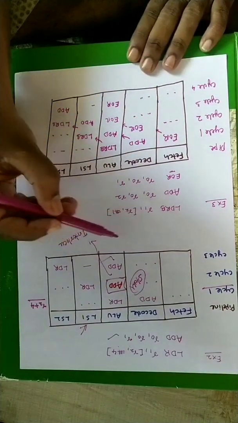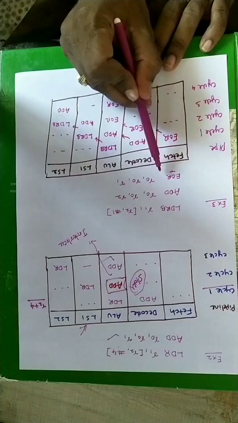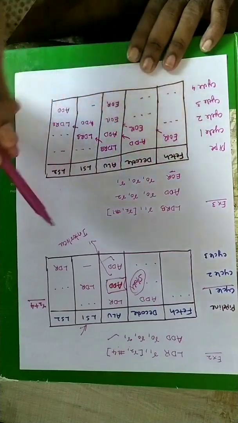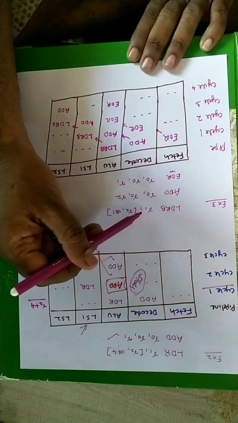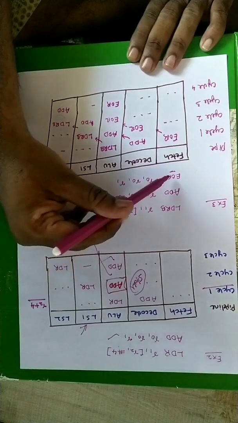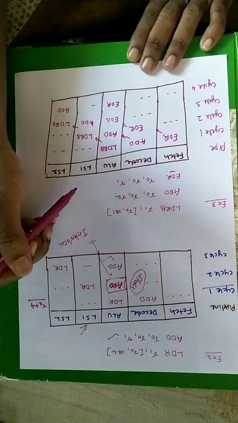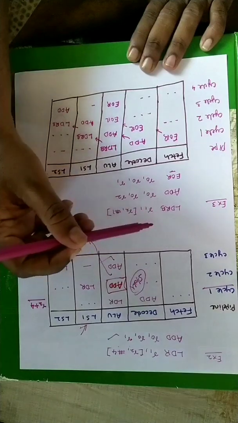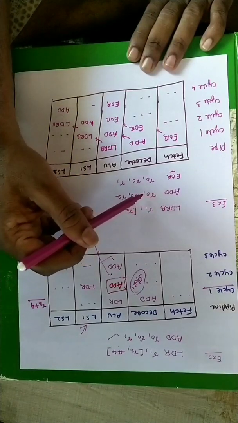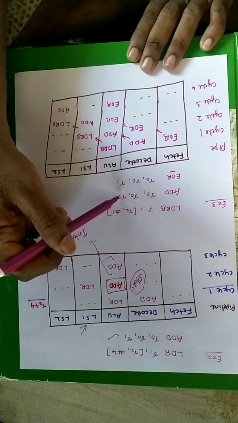This R1 register will be used in the EOR instruction. R1 is required. Until R1 is loaded with the value, the EOR will not execute. So in the second instruction, add R0, R0 and R2 will be added.